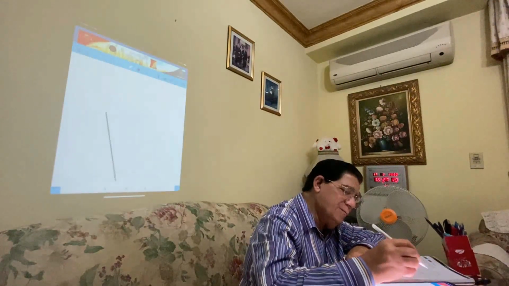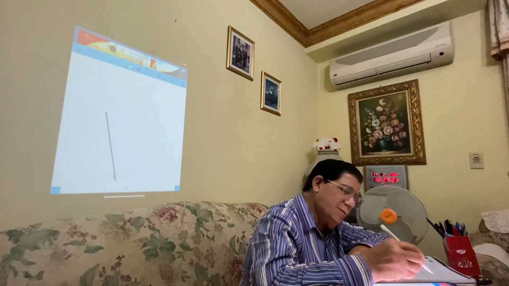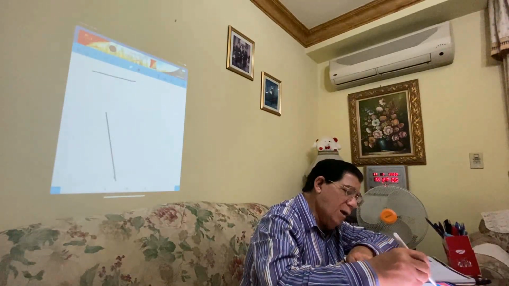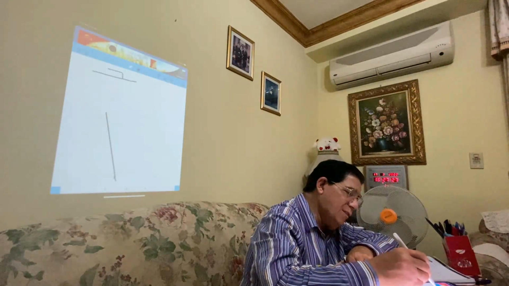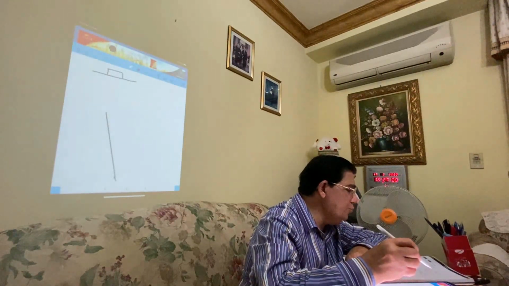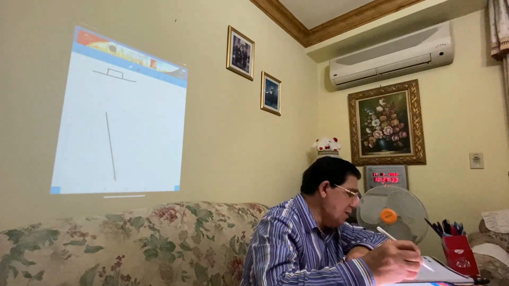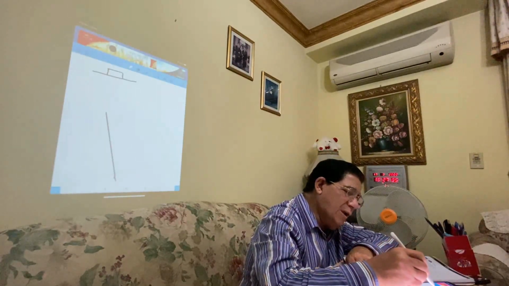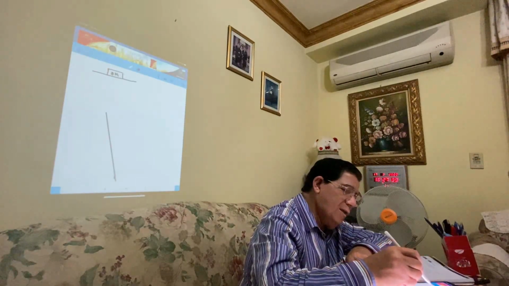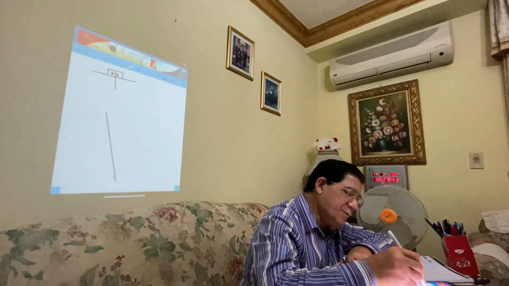Now, if you have an example, the example is a block. This is example 2 on page 87. A weight of 8 kilograms. Its weight is mg.